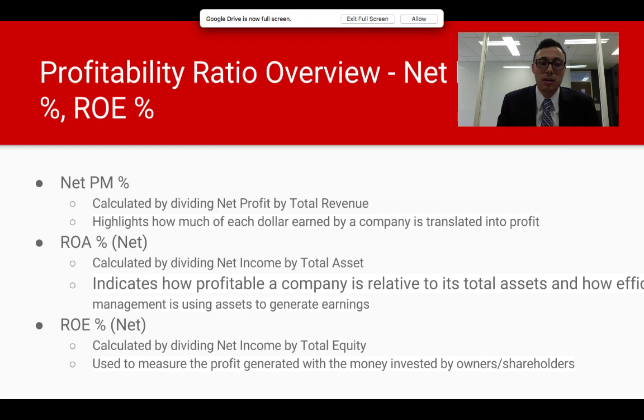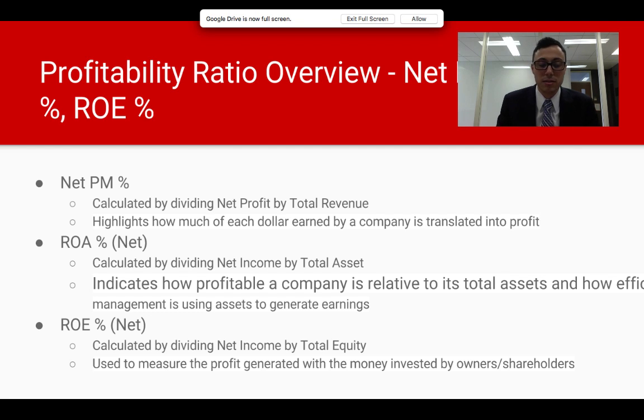Next, looking at return on asset percentage, this is calculated by dividing net income by total assets, and this indicates how profitable a company is relative to its total assets and how efficiently management is using the assets to generate earnings. Lastly, return on equity is calculated by dividing net income by total equity, and this is used to measure the profit generated with the money invested by owners and shareholders.